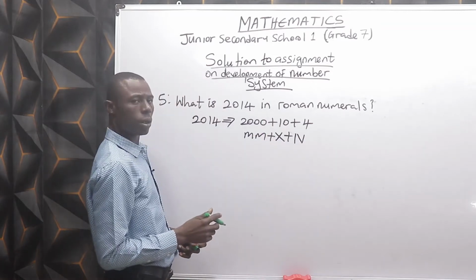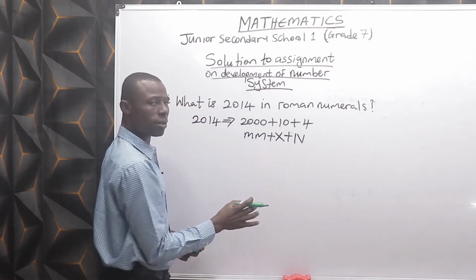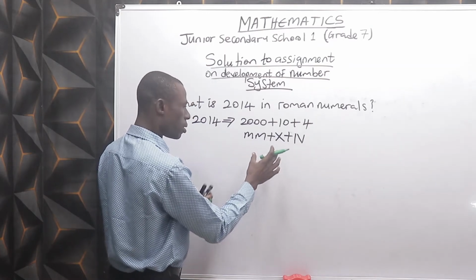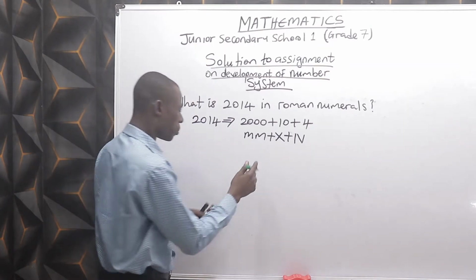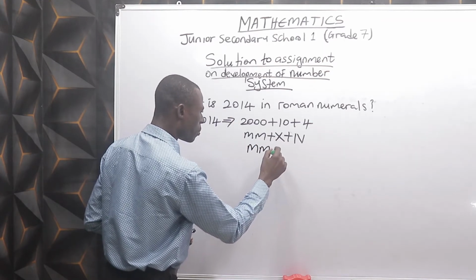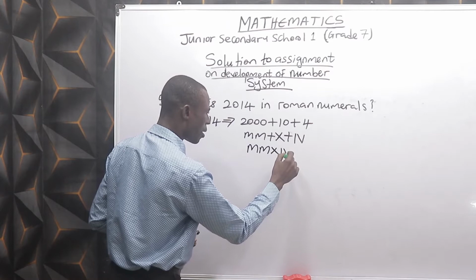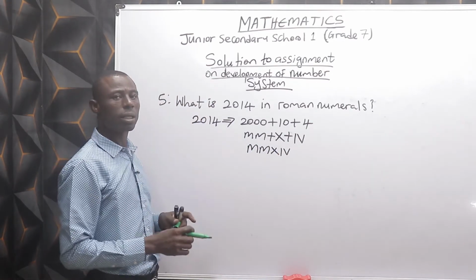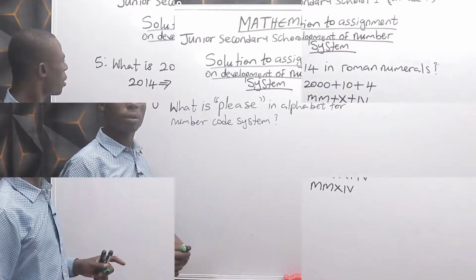That's for 4. This addition sign does not mean anything. It's just to show their relationship. So we can now write MMXIV. So that is 2014 written in Roman numerals.